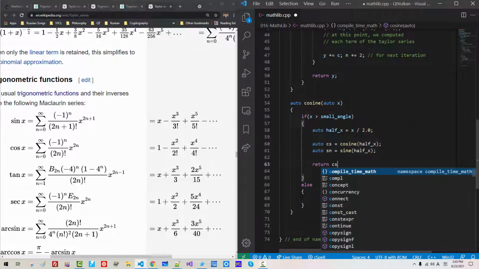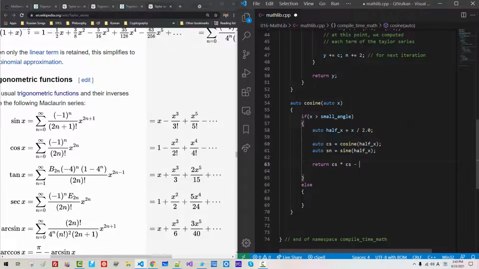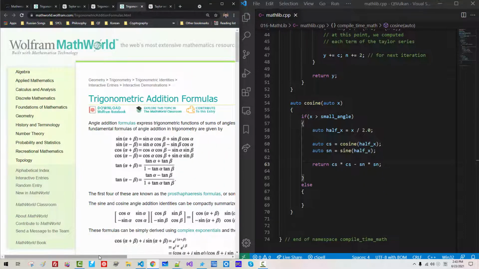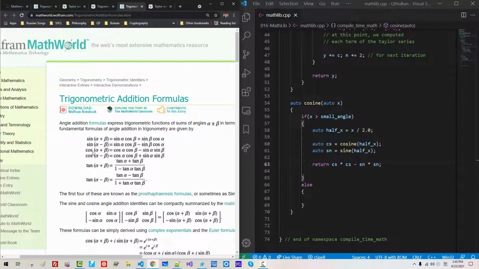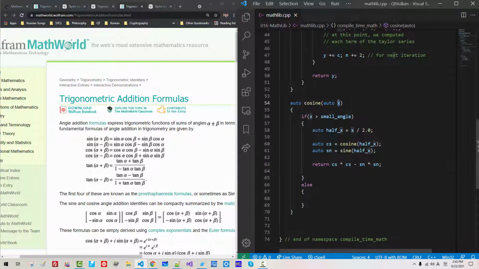Return cs times cs minus sn times sn. Please note that we are using this formula where alpha plus beta is x.